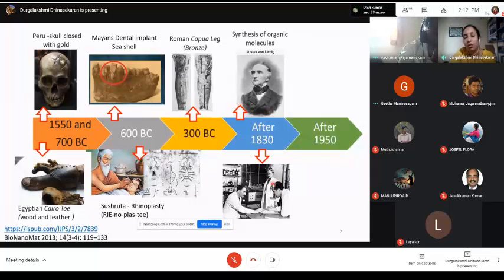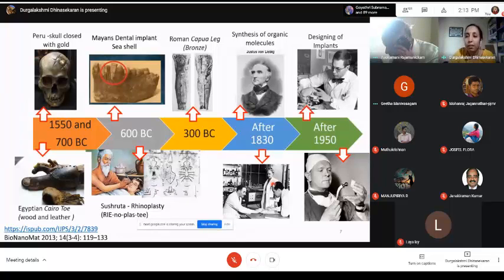After the pharmaceutical industry, there was a lagging period because of the wars happening all around the world, and a lot of people suffered injuries caused by the war, and they lost organs like a leg or hand. They suffered so many injuries. So to recover from these traumatic conditions and injuries, they tried to develop implants, designing an implant artificially, like how in ancient days they used some other natural device to adjust for the lost part.